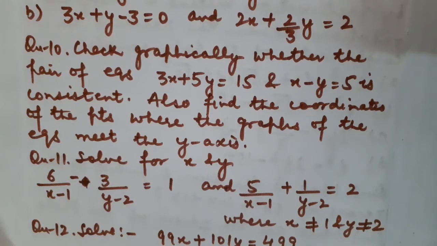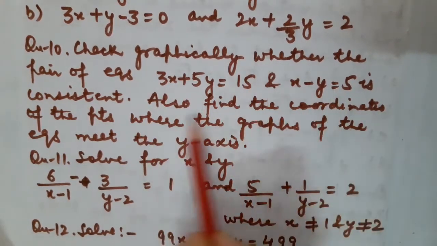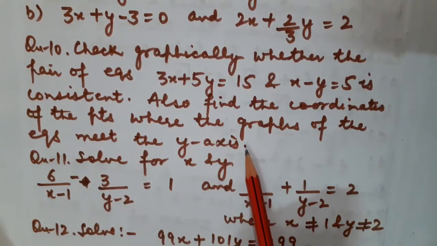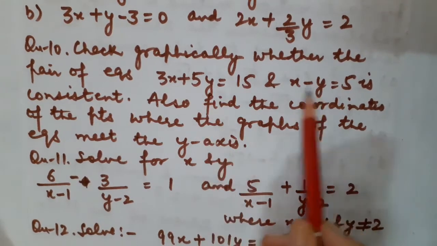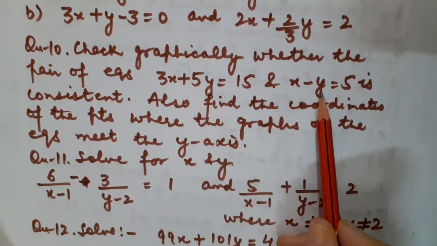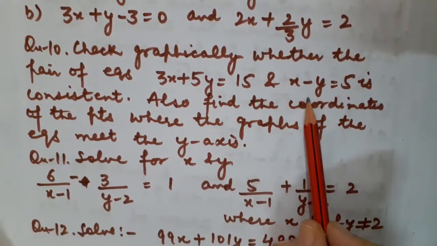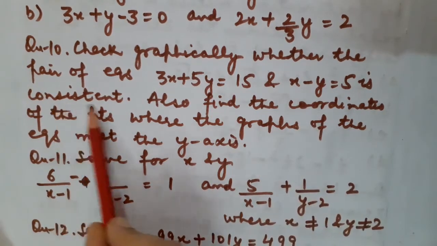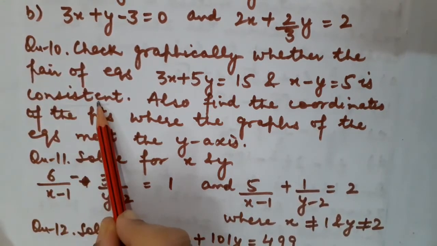Now children, this is question number 10th, in which you have to represent both the lines graphically and you have to tell whether they are going to produce consistent system of a linear equation or not.